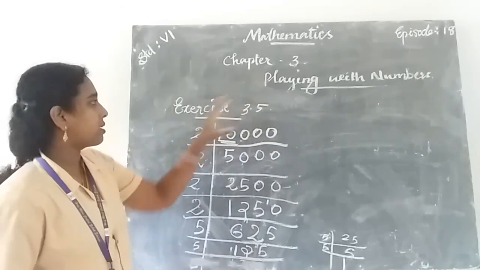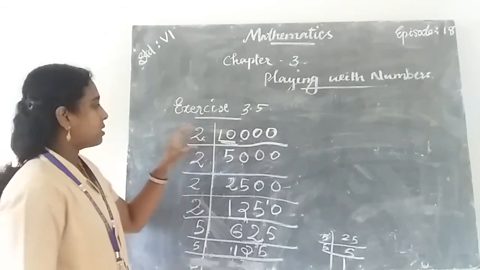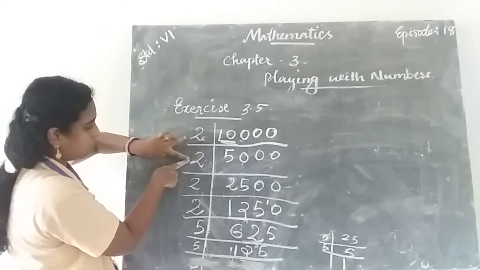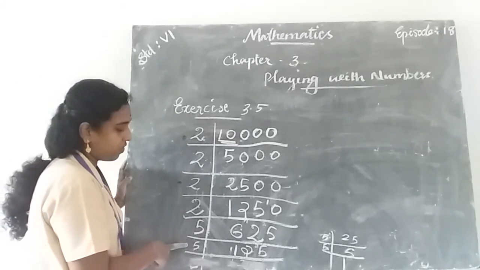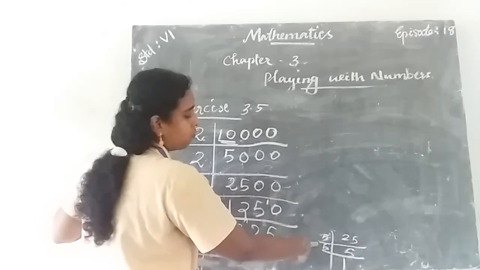So the prime factorization of 10,000 is 2 into 2 into 2 into 2 into 5 into 5 into 5 into 5.